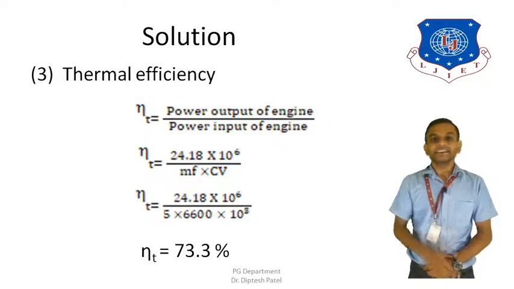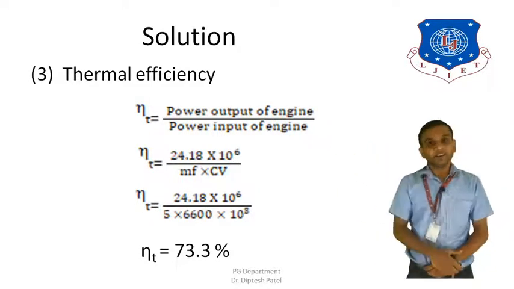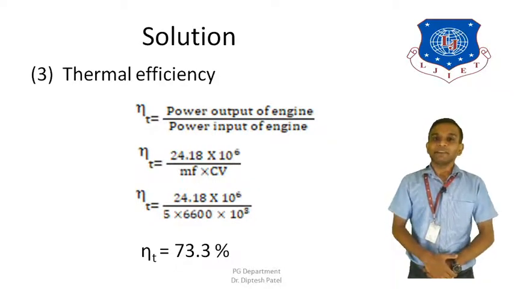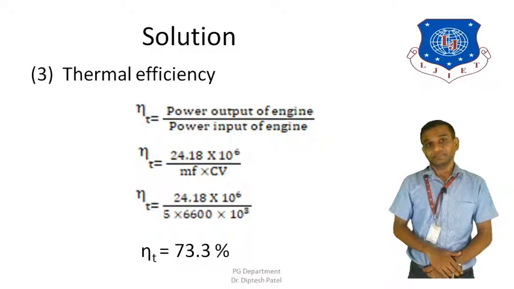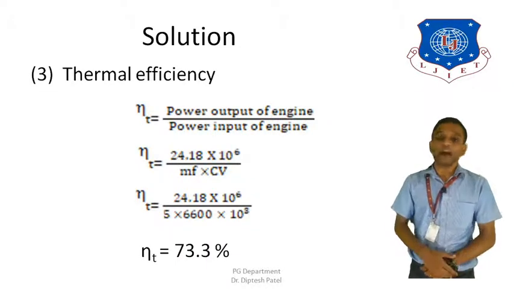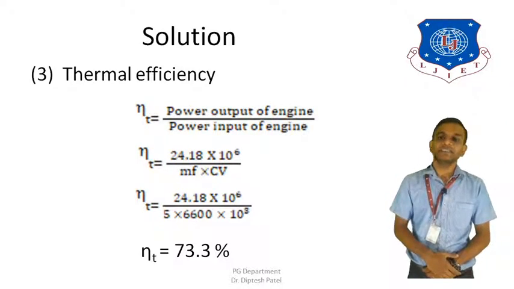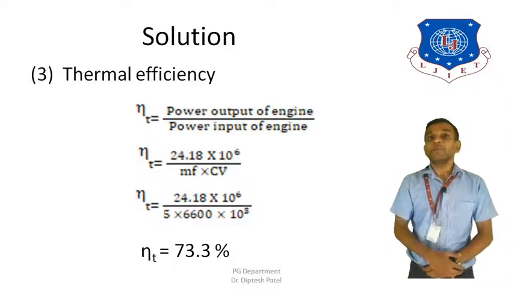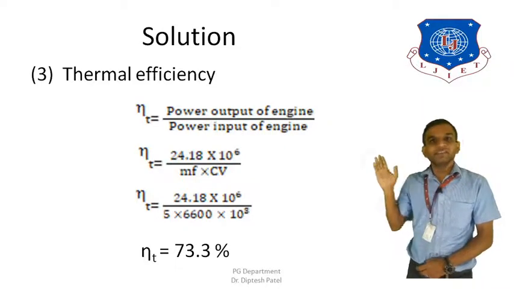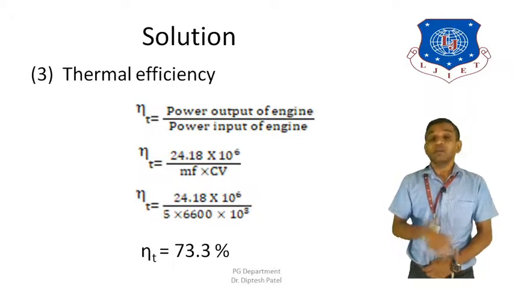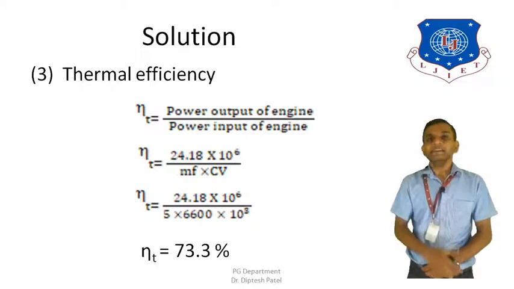So the formula says that eta T is equal to the power output of the engine divided by power input of the engine. So here we just obtained the power output in the previous slide, and that was around 24.18 into 10 raised to 6, and the value of power input can be obtained from a couple of given things, which is the mass of fuel required for the combustion chamber for proper combustion to obtain enough thrust, and the calorific value of the fuel that we are using.